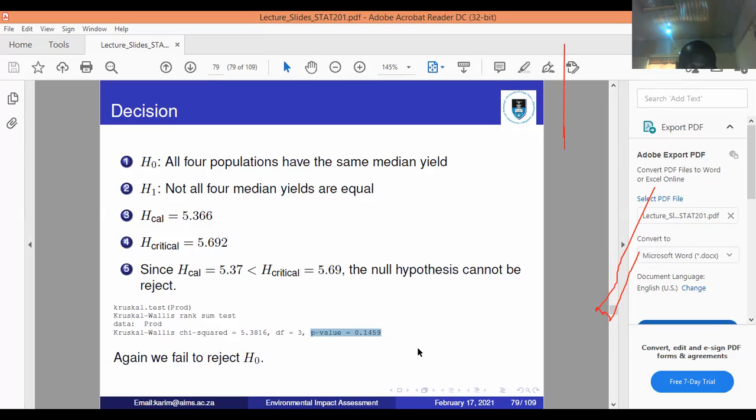Come again. Reject H0. You should reject H0? Look at the p-value. Is it saying we should accept H0 or reject H0? We reject H0. Why?